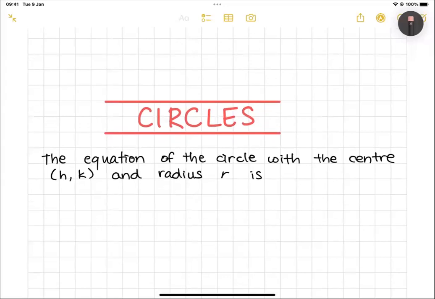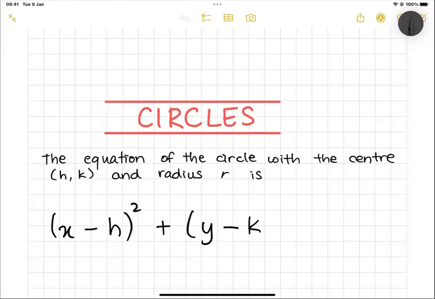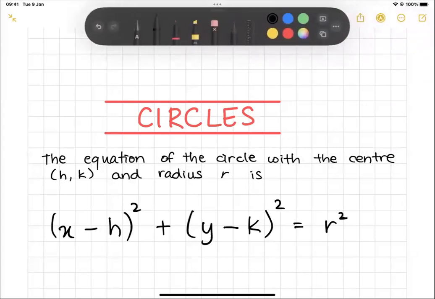It needs to look something like this: bracket x minus h, squared, plus bracket y minus k, close the bracket, squared, equal to r squared. That is the second equation for the circle graph.